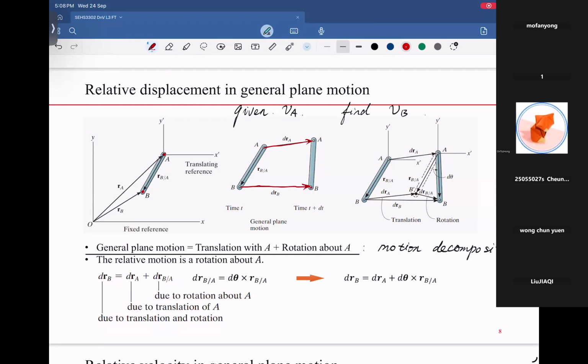You can see point A and point B are in distinct motion. Point A moves along one curve and point B moves along another. Therefore, we know the link AB, or rigid body AB, has a general plane motion.